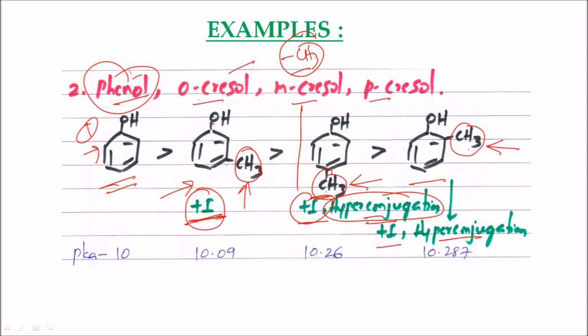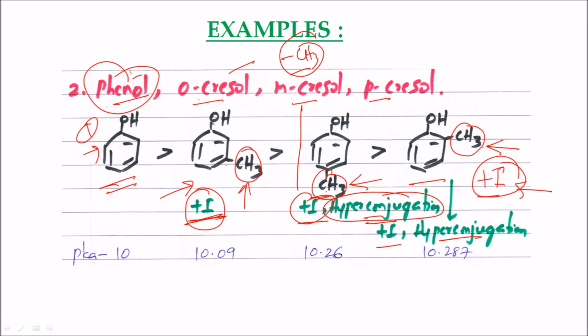And if it is closest, there will be a more pronounced plus I effect, or the plus I effect is more predominant in the case of orthocresol. Now if the plus I effect is more effective in orthocresol, then what happens? If we have more electron donating effect, it will have less acidic strength.